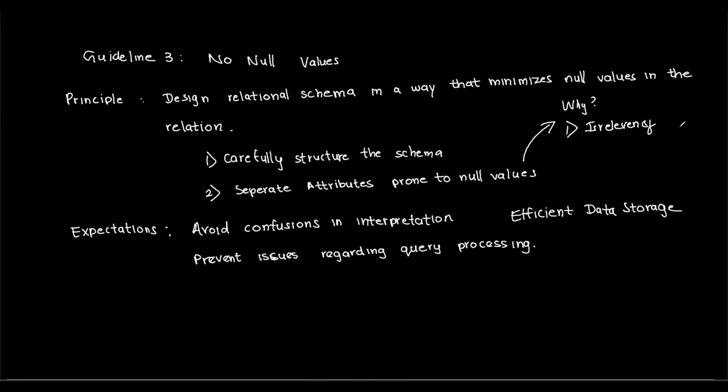For example, if you have an employee relation in a school that includes teachers and administration staff, and you have a subject attribute, administration employees have no values for that. The attribute subject is irrelevant for administration employees.